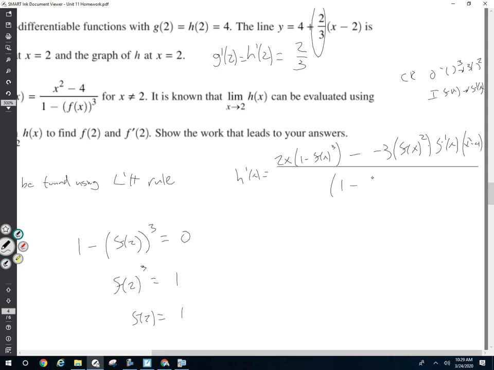1 minus f of x cubed squared. I'm already thinking ahead. And I'm thinking, I might not be doing this the right way.